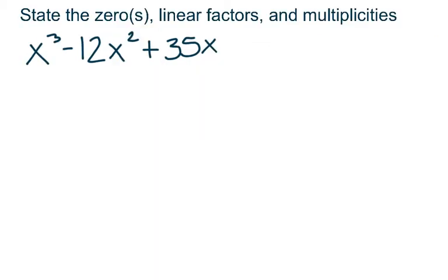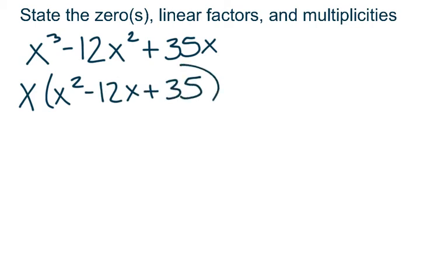Alright, so let's do this one. We're going to find the zeros, the linear factors, and the multiplicities. So first thing I'm going to do is factor out a GCF. If you're having trouble with factoring, stop watching this video, go back and watch factoring videos.